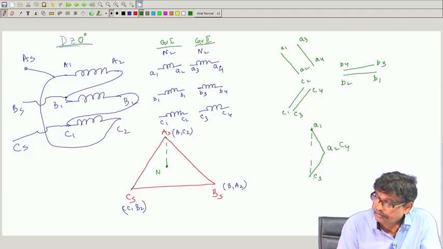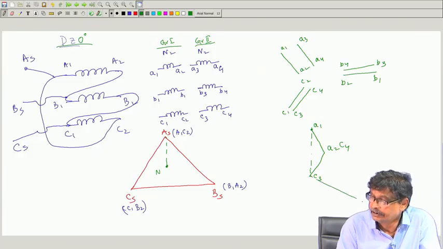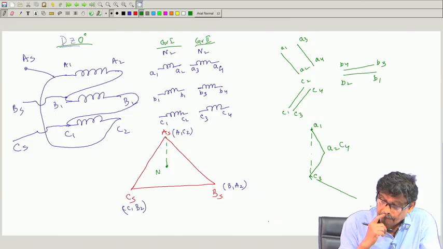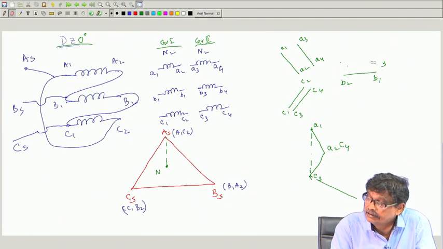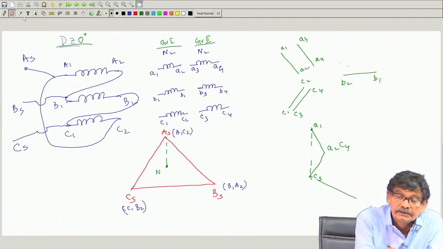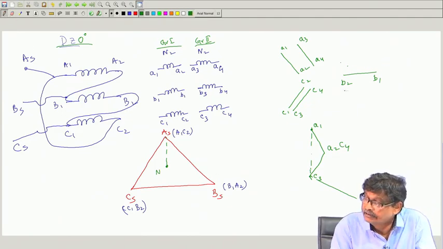The B phase voltage will be 120 degrees apart. B phase is horizontal actually, do not put it like this, it is horizontal, B1, B2, and this is B3, B4, these are horizontal.